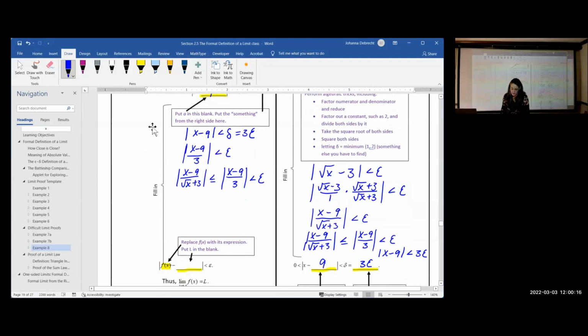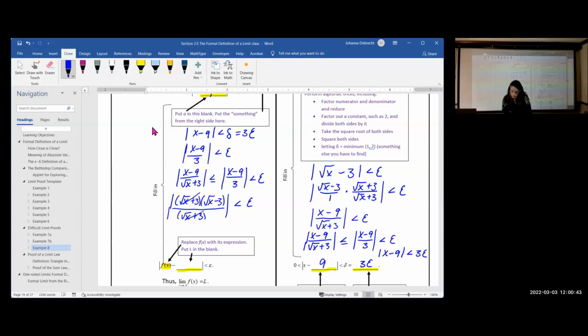x minus 9 into the square root of x plus 3 and the square root of x minus 3. So then we get the square root of x plus 3 and the square root of x minus 3, all divided by the square root of x plus 3, in absolute values strictly less than epsilon.